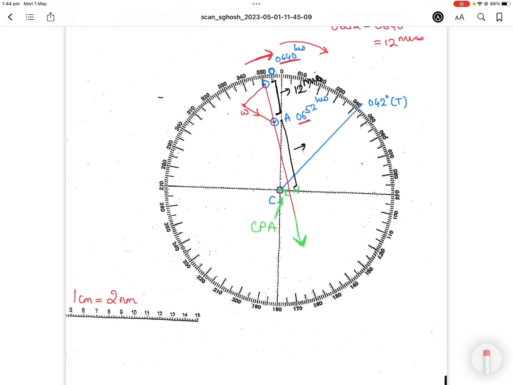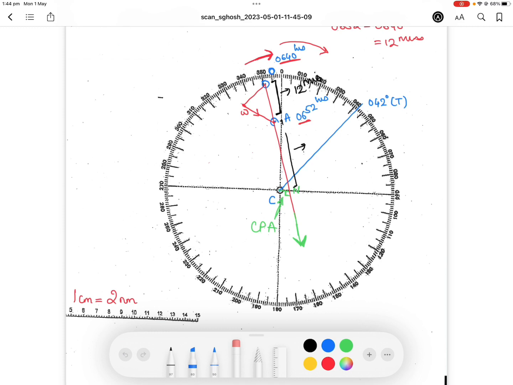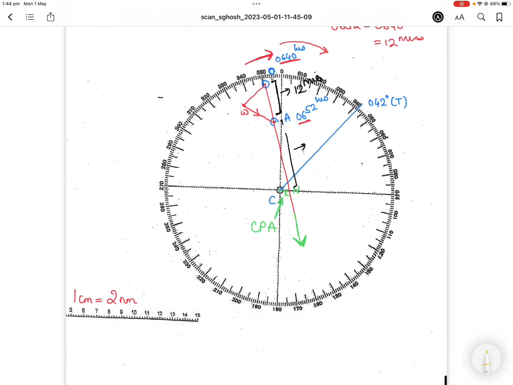So how do you know whether it's green or red? The first thing that you have to see is how WA is going. I'm just going to choose a yellow pen this time, so that maybe it will help. If I extend WA, that is how the target vessel is going, right?